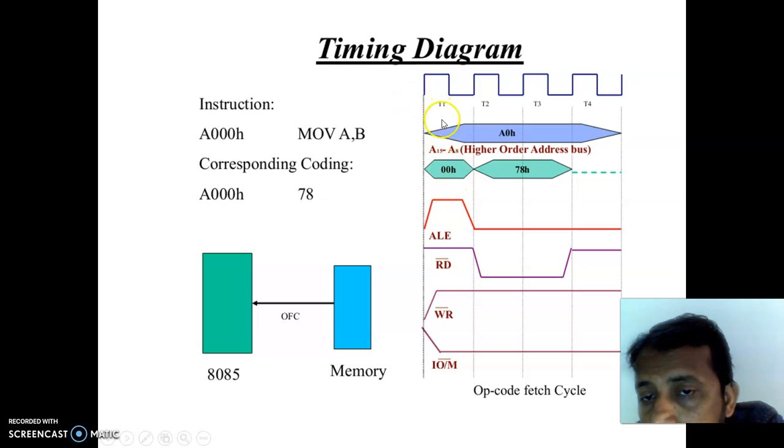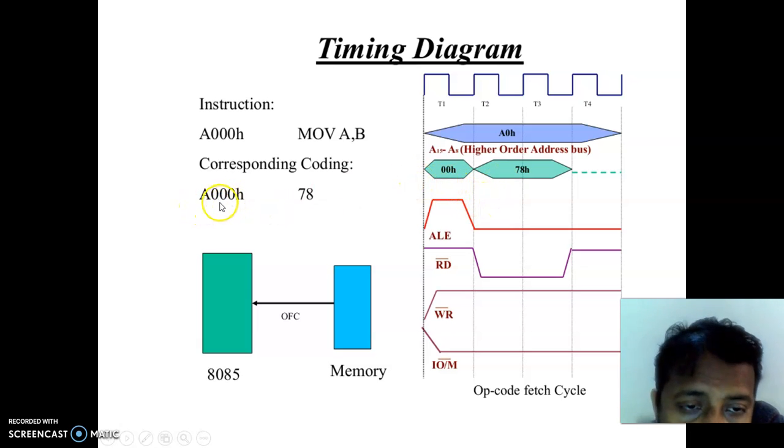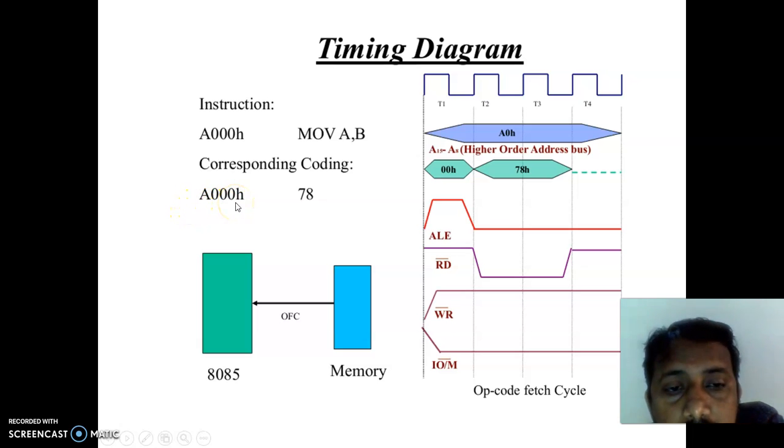So at the first clock, it is purely used as an address bus. The address is A000H, so 00 is the lower 8 bits, which are sent onto these lines, and the higher 8 bits are sent onto the upper lines. So this value is sent in the first clock.